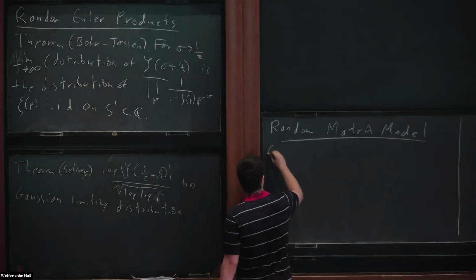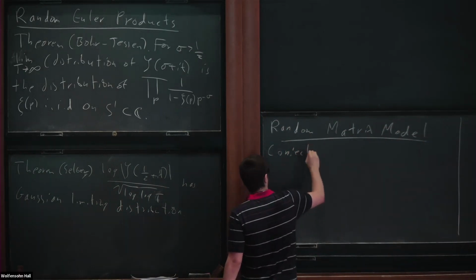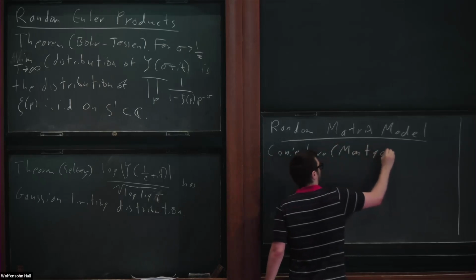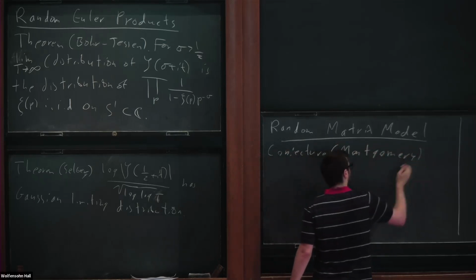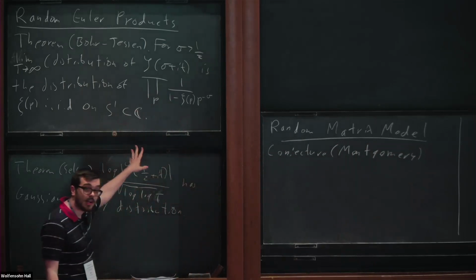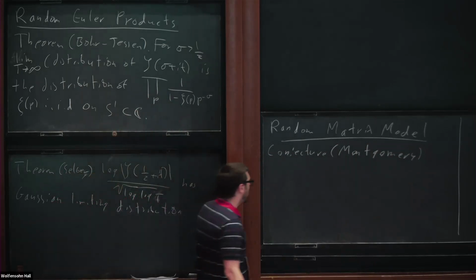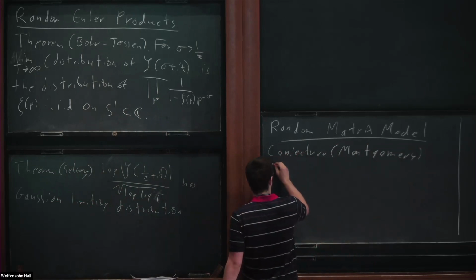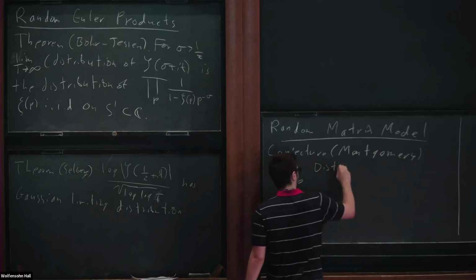The random matrix model for zeta was initiated by Montgomery. And it was a model not for the values of zeta that I've been talking about over here, but for the zeros of zeta.